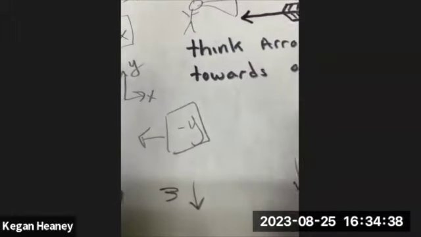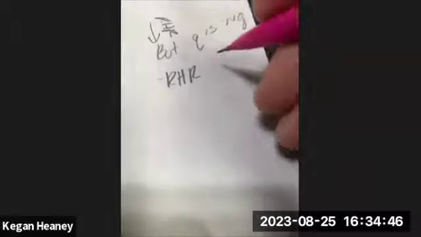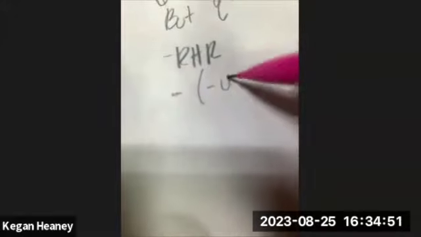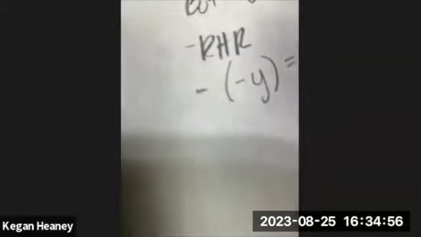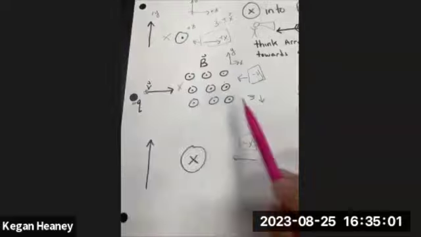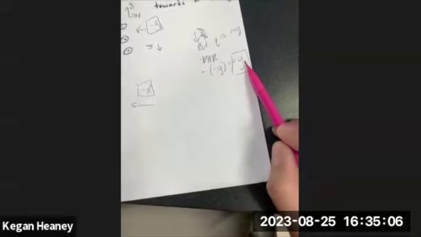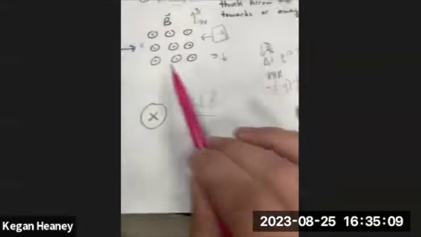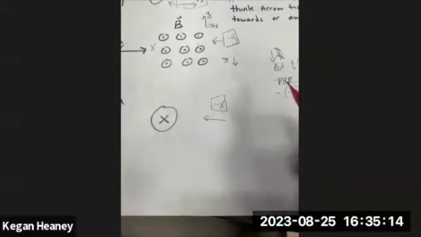So the negative right-hand rule, and we said that the right-hand rule is negative Y. So we have negative, negative Y. So for example 2, if Q is negative, our resultant vector from the cross product will be in the positive Y direction. If Q is positive, it'll be in the negative Y direction, right?